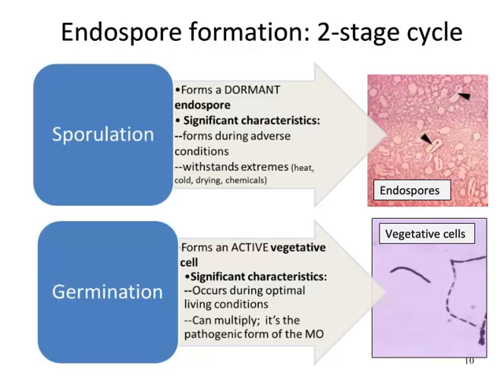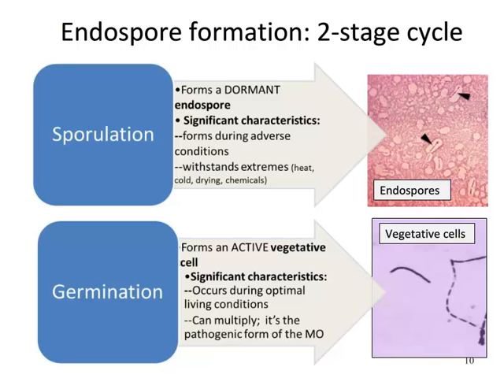Significant characteristics of a vegetative cell include the fact that it lives only under optimal living conditions, and that it is in the vegetative state that the bacteria can divide and multiply and form more and more of itself.